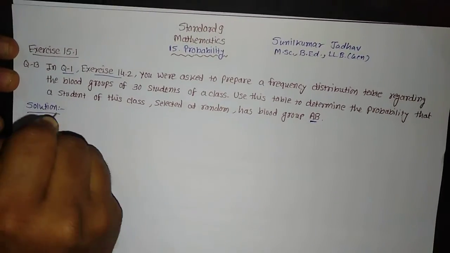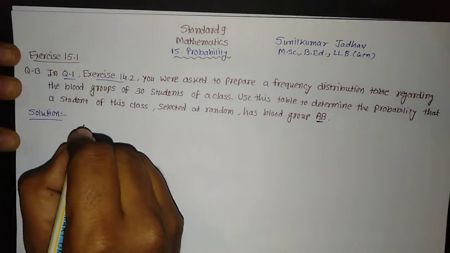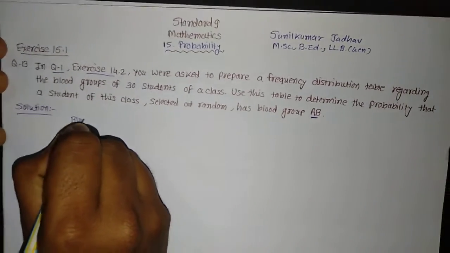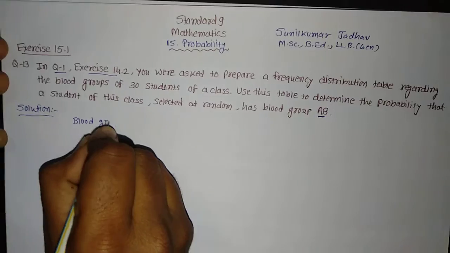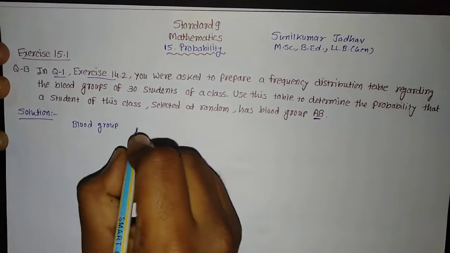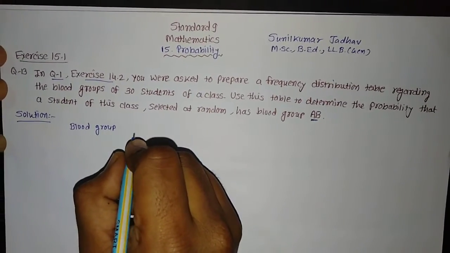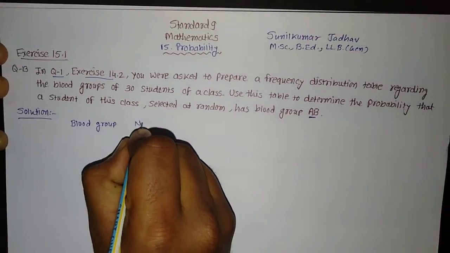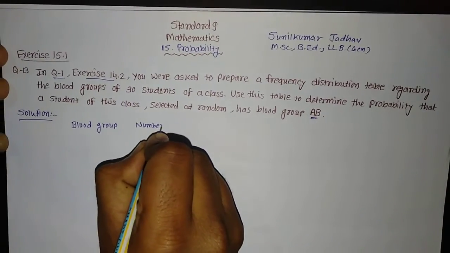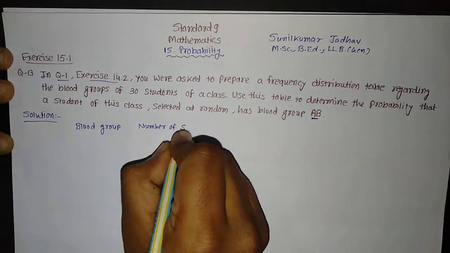For the frequency distribution, we need to write the blood group of the students, and the other column, that is frequency, will be the number of students.